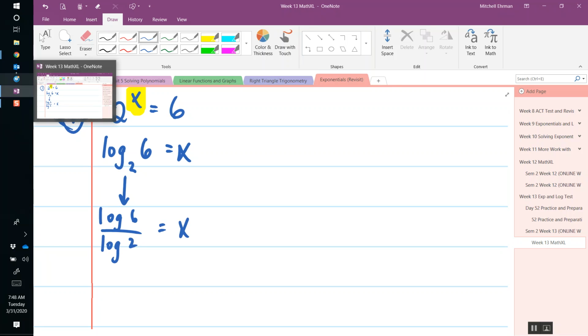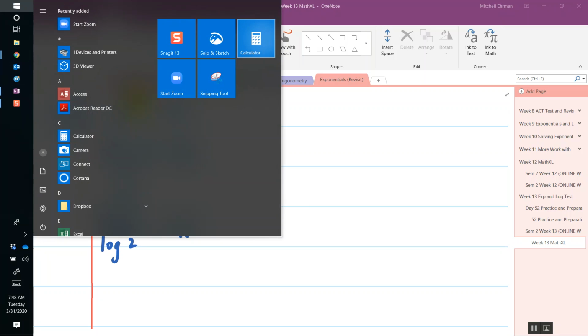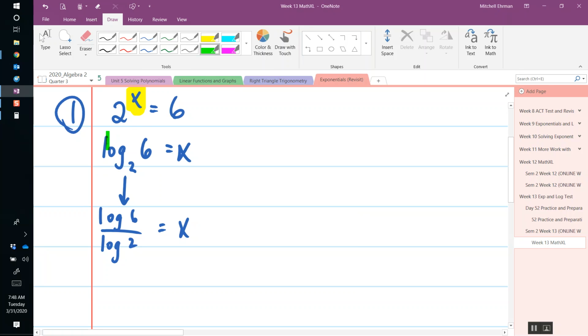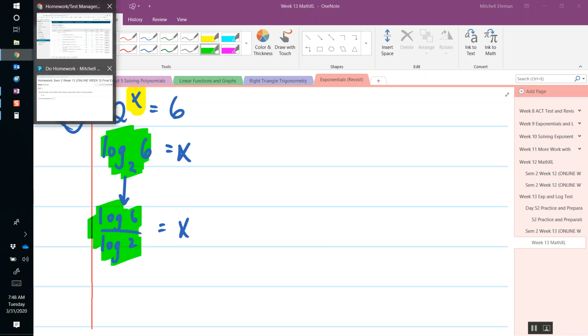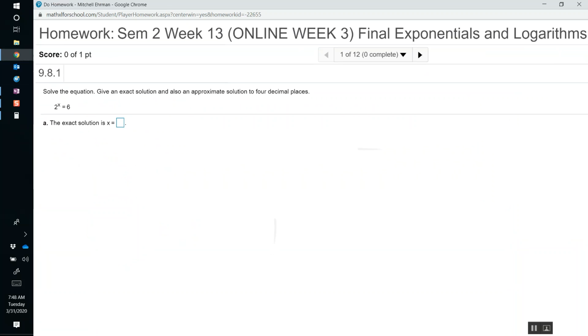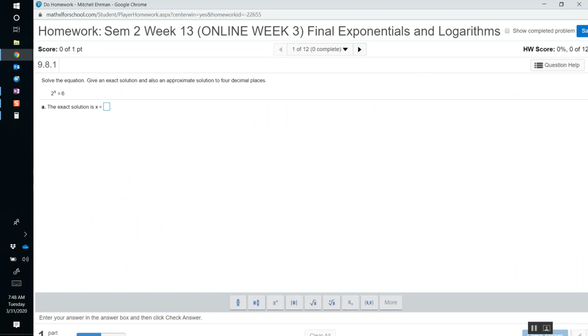Now, on the MathXL assignment, they do say that we want an exact answer for a solution. So the exact answer would be either this logarithmic phrase or this logarithmic phrase. So let's jump over there and type that in now. So the exact solution for x is, I'm going to create a fraction here.